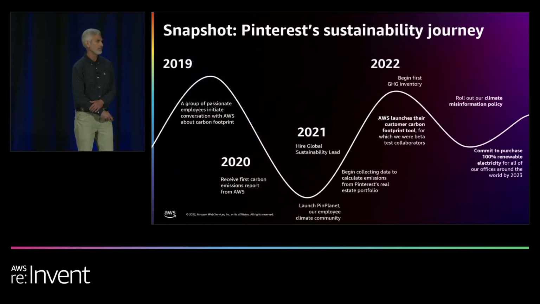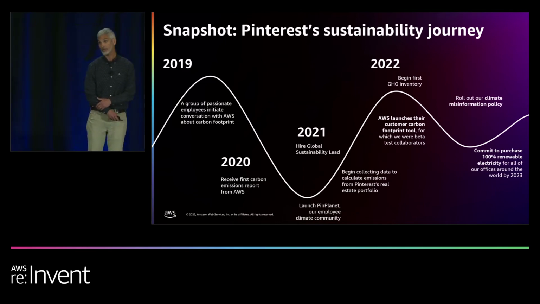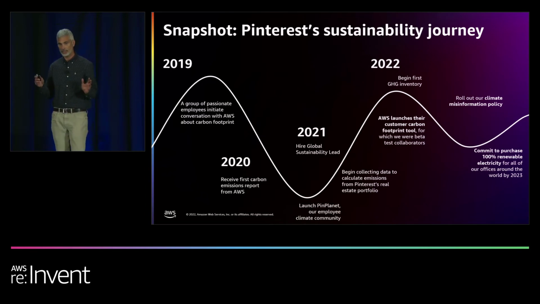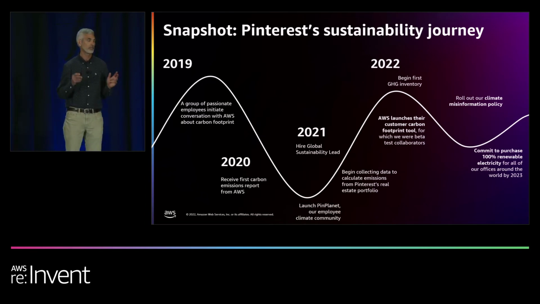So for us, it began for real a few years ago when Mia Ketterling, who was at the time head of our employee community focused on environmental sustainability and the planet, and Charlie Hale, who is our head of global public policy and social impact, came to me and said, hey, we would like to work with AWS to understand our carbon footprint as a company because so much of our product depends on AWS.